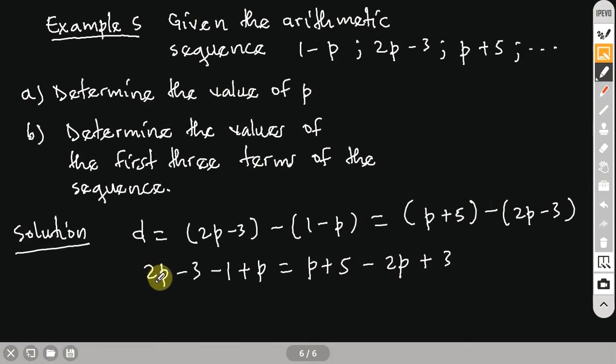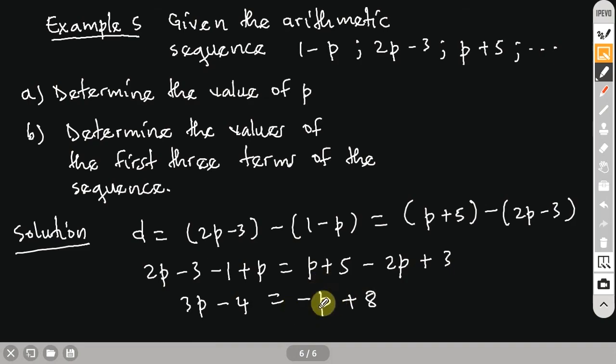Okay, so you have 2p plus p, it will give you 3p, and minus 3, minus 1, it will give you minus 4. Now you have p minus 2p, so it's 1p minus 2p, and this will give you minus p. You have 5 plus 3, so it will be plus 8.